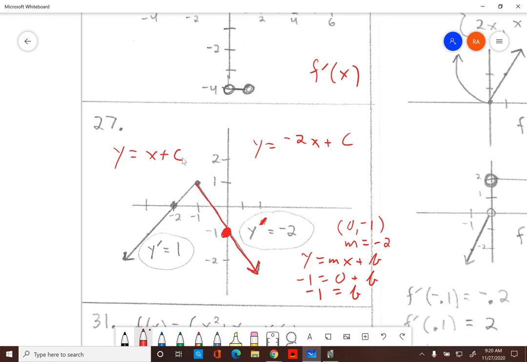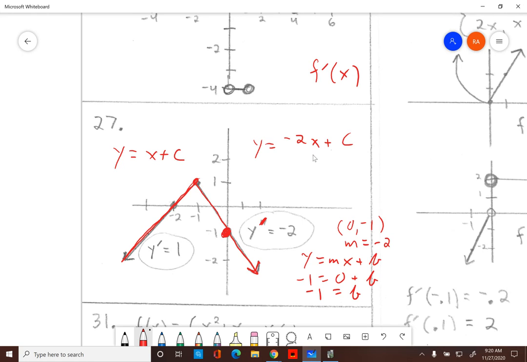And then I can draw the line y equals x, like a slope of one line, but I need it to connect up here. So not the line y equals x here, because then it wouldn't be continuous. I need this function to connect up over here. So it's going to be like that. If I keep going over it, it's going to be like x plus 2, because it's going to keep going up to here.